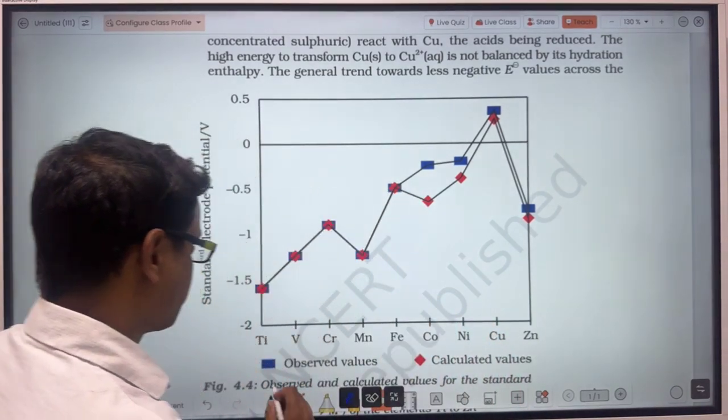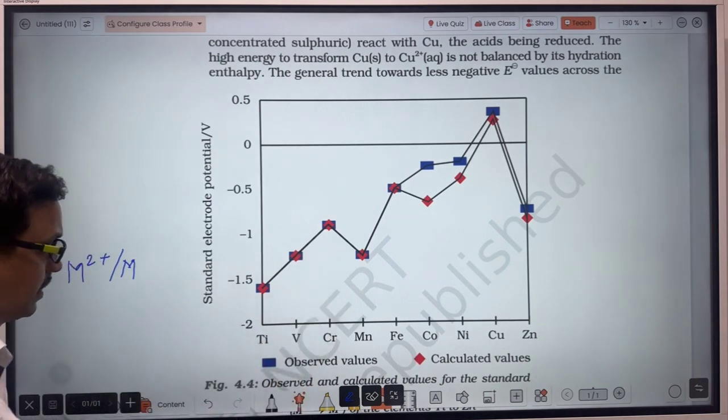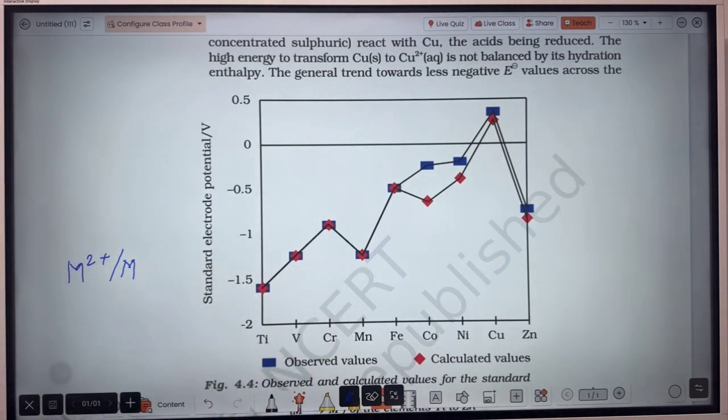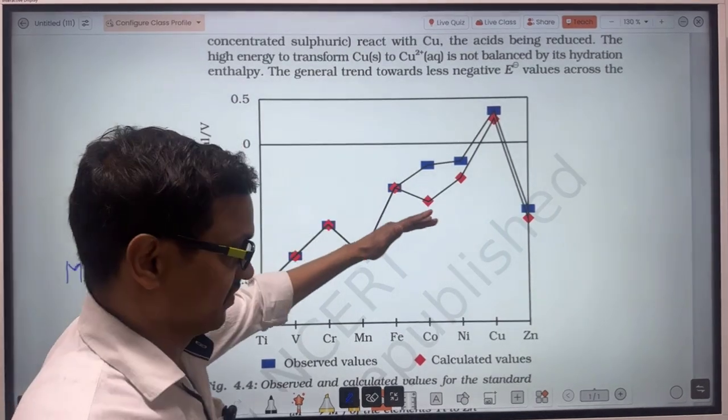As you are moving across the period, the standard electrode potential is becoming less negative. Less negative means, if you talk about the values, the value is increasing but it became less negative.